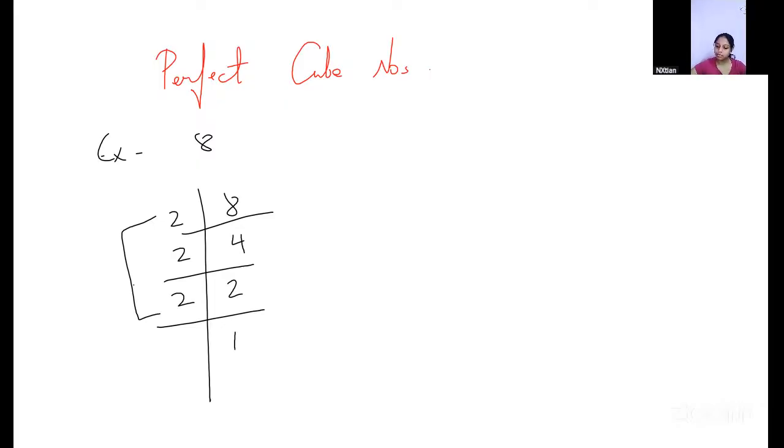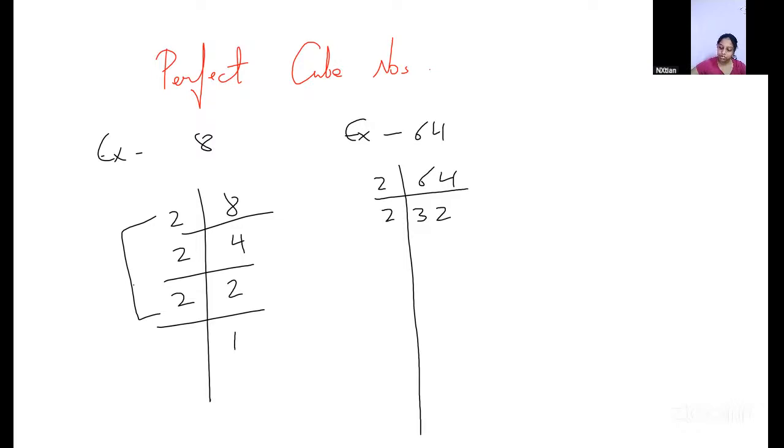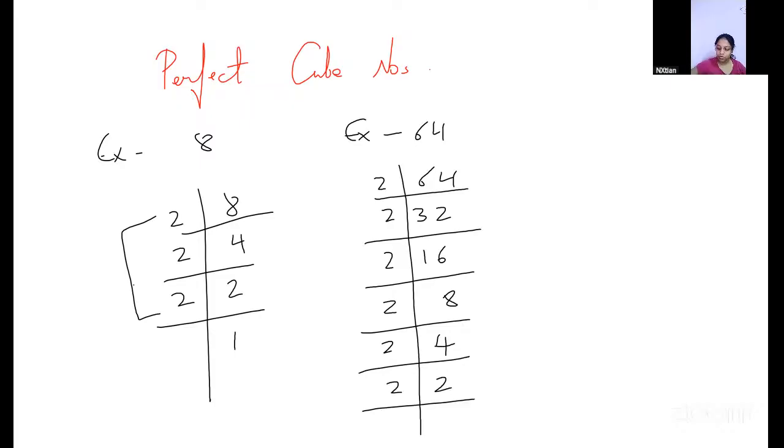Take a look at another example. 64. Let's do its prime factorization. Start with 2: 2 times 32, 2 times 16, 2 times 8, 2 times 4, and 2 times 2.